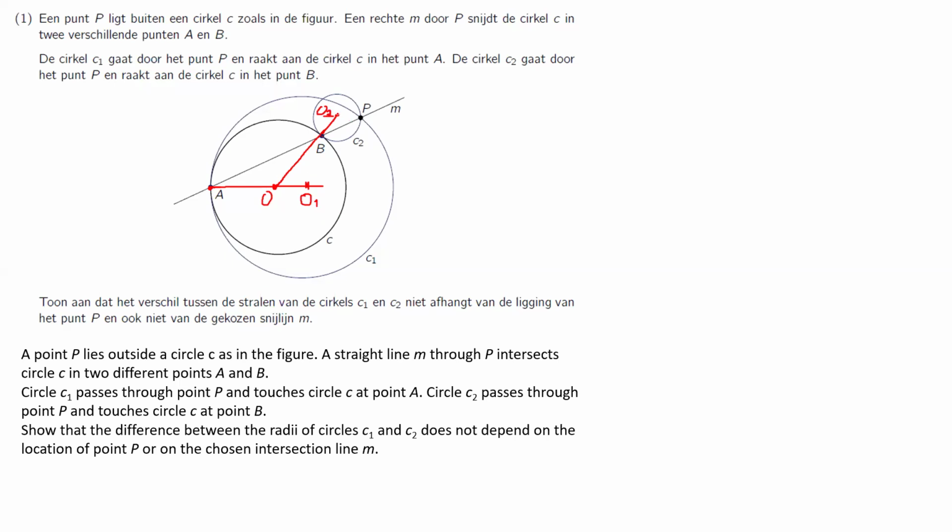So we just connect PO2 and PO1. And it's clear that AO is the radius of the circle C, let's say R, and BO is also R. So the triangle ABO is an isosceles triangle.